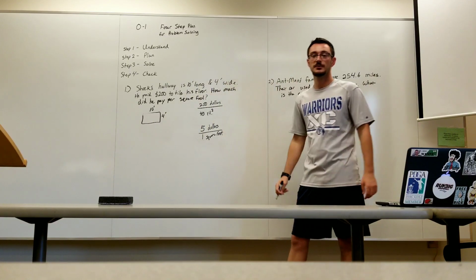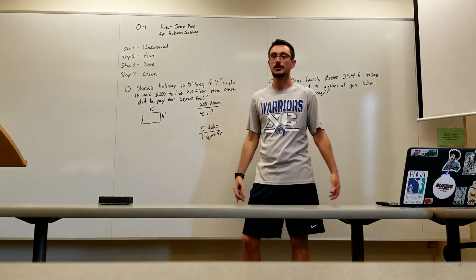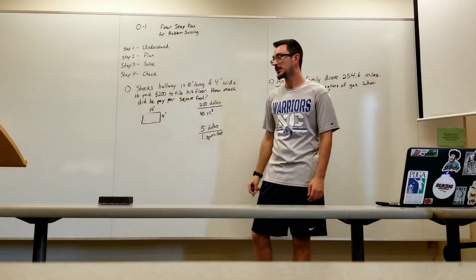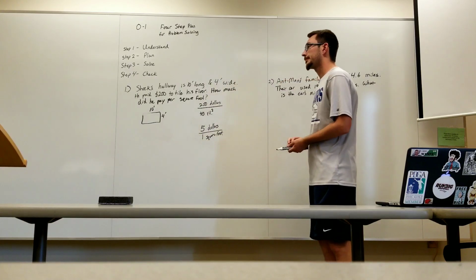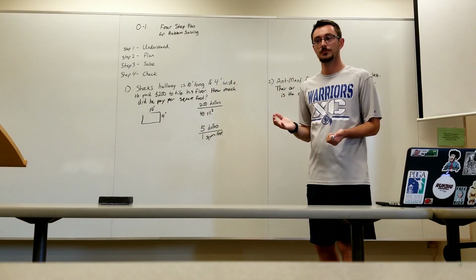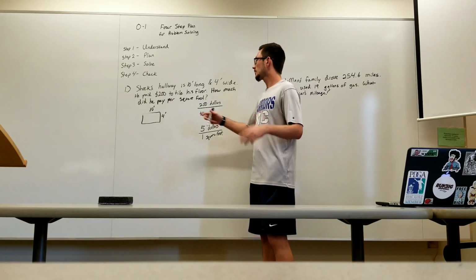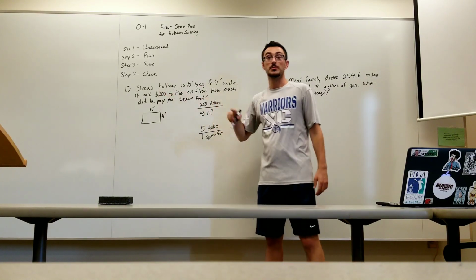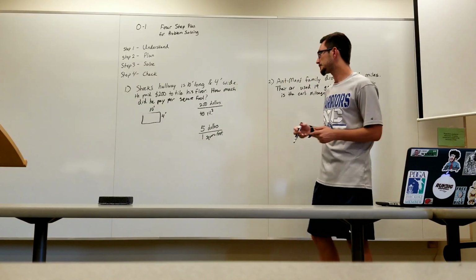And I told you guys, last time when I made it to step 4 and I checked, I realized there was a mistake. So let's check again. $5 per square foot seems like a reasonable number. If we would have got something like 300, something bigger than what we even paid to begin with, we would know that didn't make sense.